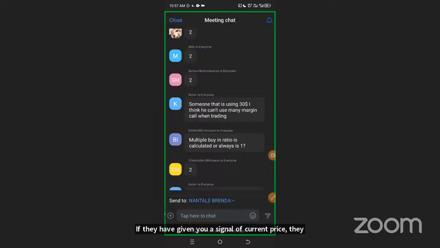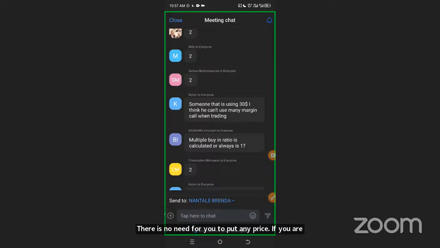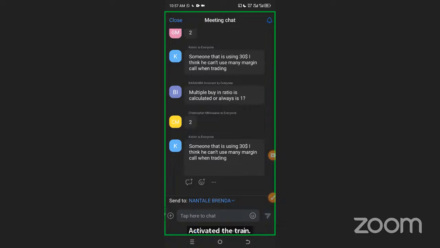You just finish the settings, save them, and activate the trade. Simple as that, as eating rice, as eating millet. You don't chew, you just swallow.